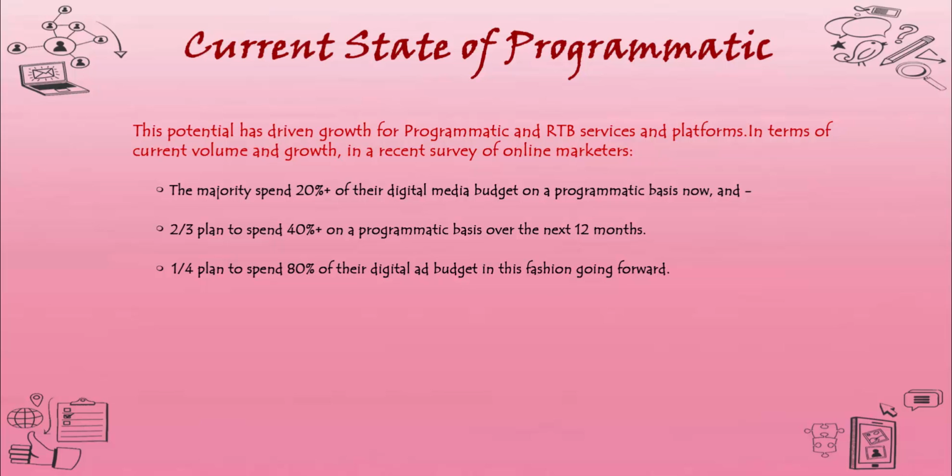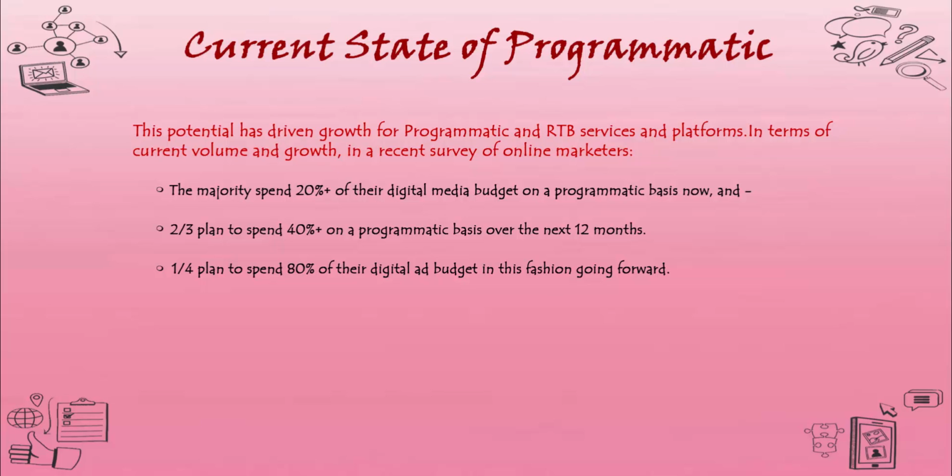So I repeat, what is the future of programmatic, and how are companies looking at it? The majority of the companies want to spend 20% of their allocated budget through real-time bidding, so 80% could be through various other modes. Two-thirds, around 67% of the companies, want to spend 40% or more of their budgets through programmatic buying in the next 12 months.